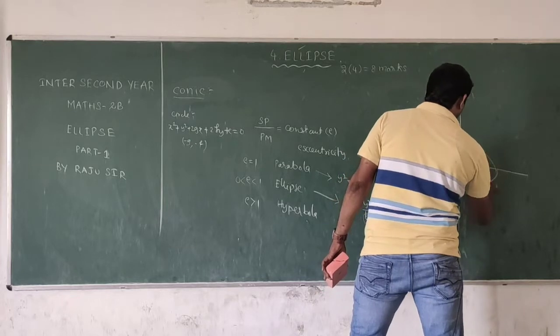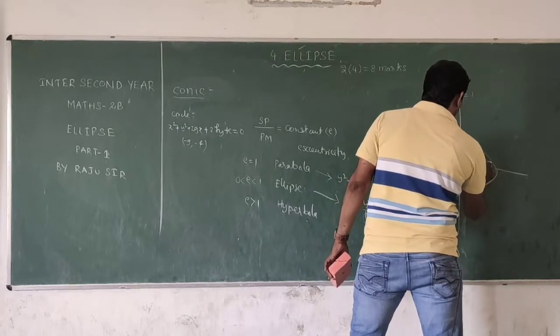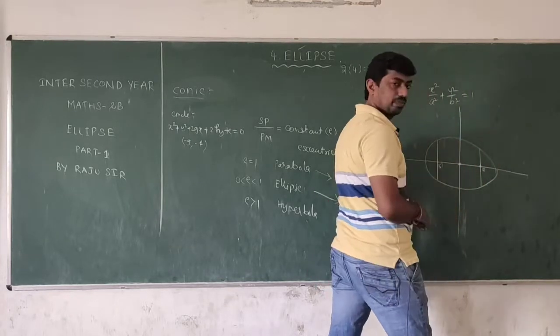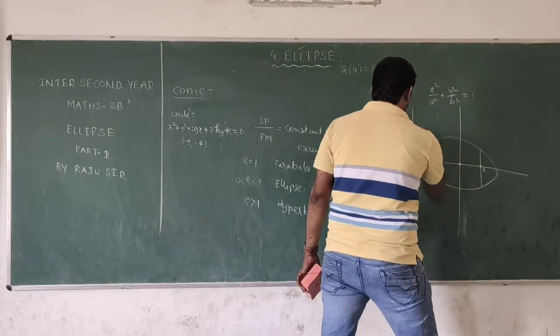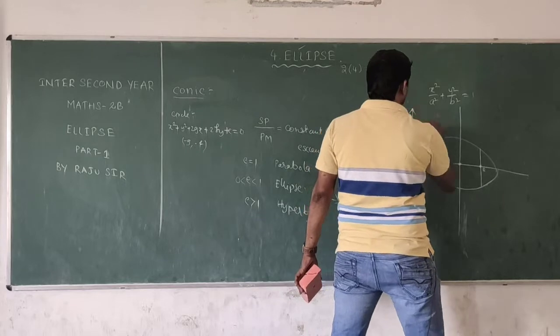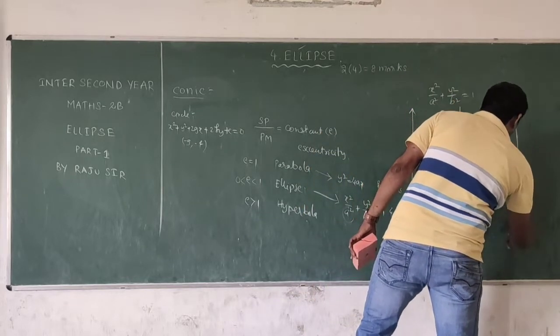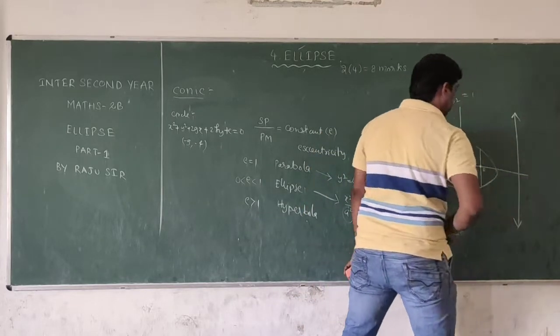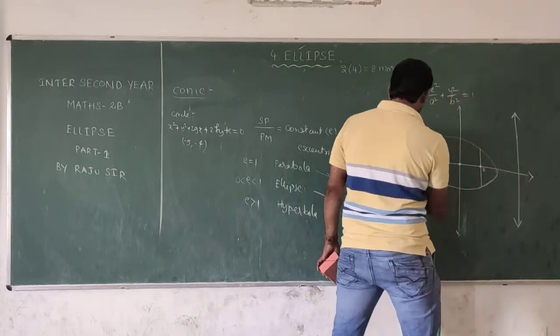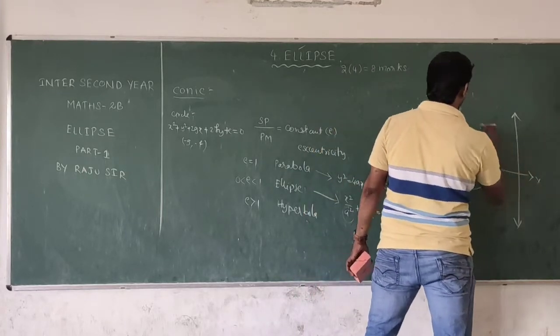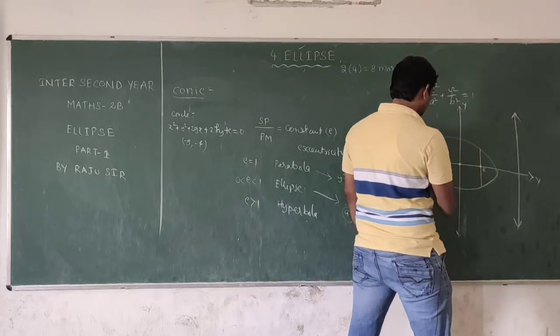Next S dash, foci of the ellipse. Next these are the directrix. Okay, here x axis, y axis.